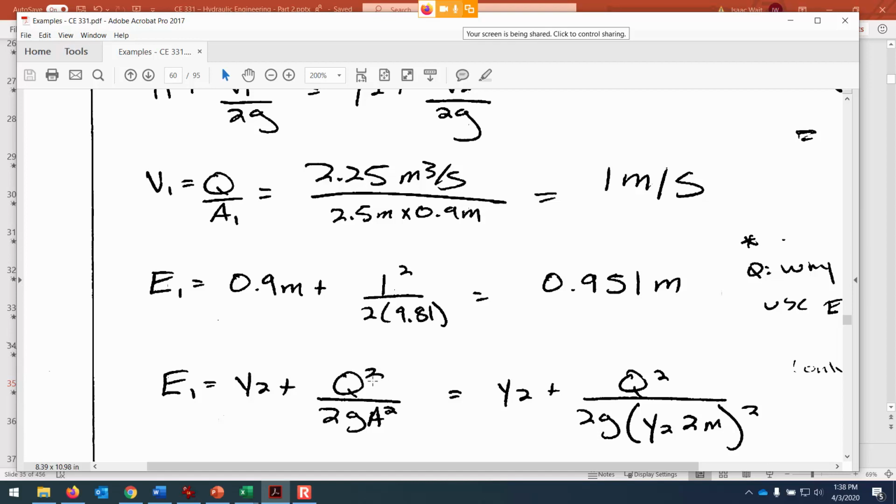And so you can see I've made the substitution for the cross-sectional area as Y2, so that's the new depth downstream, multiplied by the width of the channel. Now that's the effective width. That's the width that water can flow through. There's obstructions in the way for 0.5 meters, since each of the pier columns is 0.25 meters wide, and there's 2 of them. And that means that the effective flow width is 2 meters.